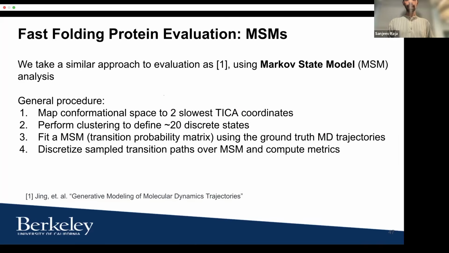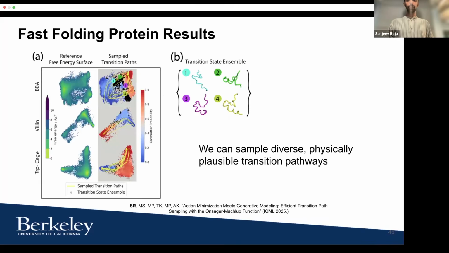What we can see as we project these proteins onto a two-dimensional representation, as is commonly done in this area, is the following. We consider the TICA coordinates, which are the two slowest degrees of freedom, those with the slowest autocorrelation.